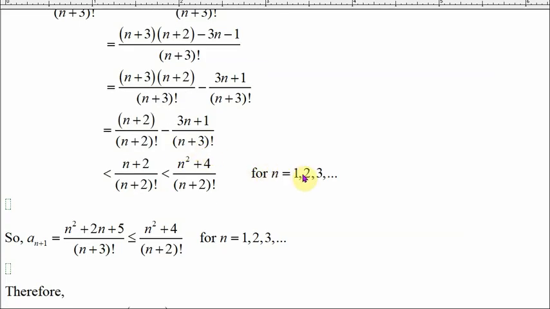And since n starts at 1, this term right here is positive, and so this whole thing right here will be less than (n plus 2) over (n plus 2) factorial, since this term is positive. But n plus 2 is less than n squared plus 4. This is a sub n, and therefore we have shown that a sub n plus 1 is less than or equal to a sub n for n starting at 1.